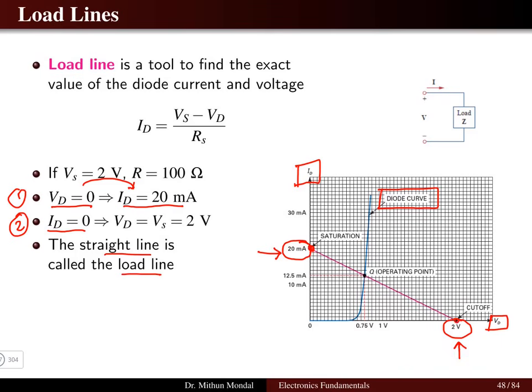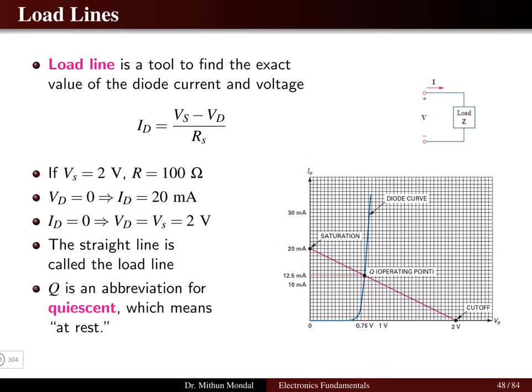The 2 points are the saturation point and the cutoff point. Why saturation? Because no more current is increasing. And the second point is the cutoff point. Why cutoff? Because the current is not there and the voltage is also not there. The point where the line intersects the main diode curve is known as the quiescent point, or the point at rest, and this is the operating point.